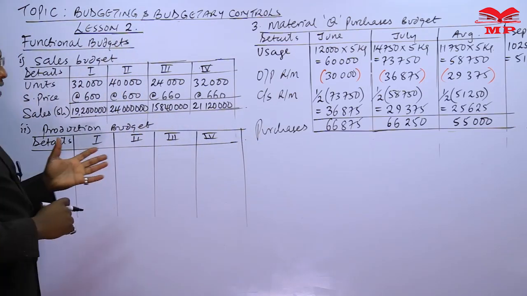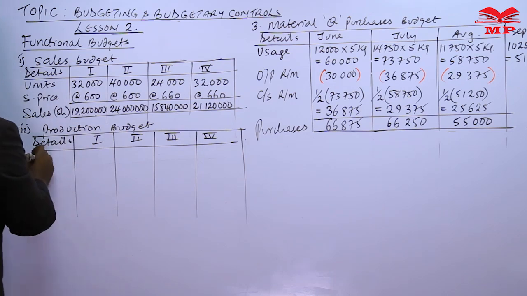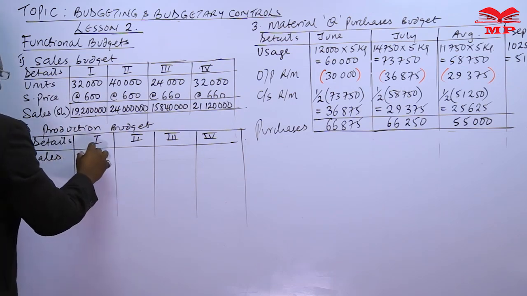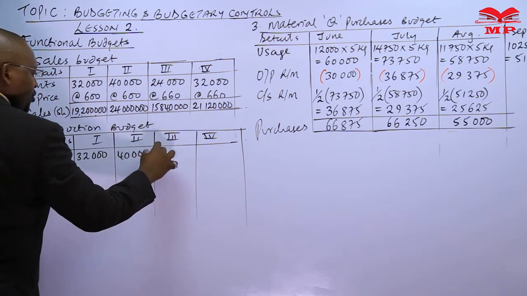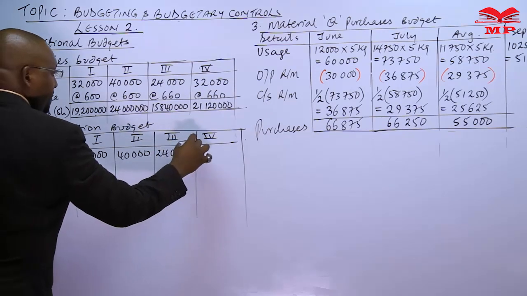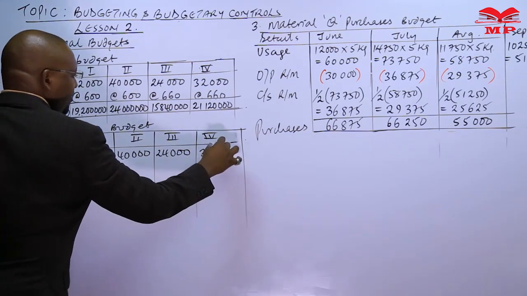So production budget, remember we said that we start with the sales. This is in units, that's 2,000, 40,000, 24,000, 2,000.